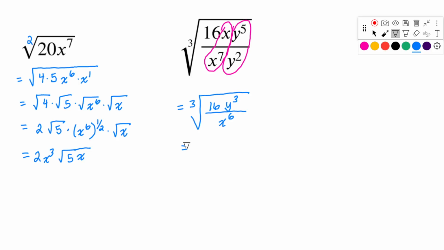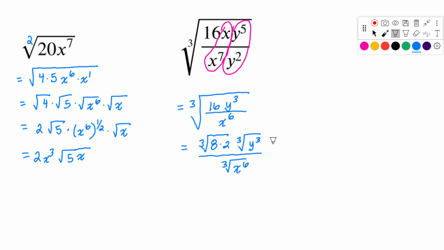What I do want to do is break down the 16 while I am simplifying things. So 16 is the same thing as saying 8 times 2. And we're going to have the cubed root of y cubed. And we're going to have over the cubed root of x to the 6th.